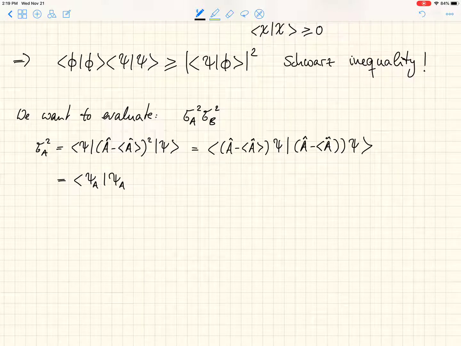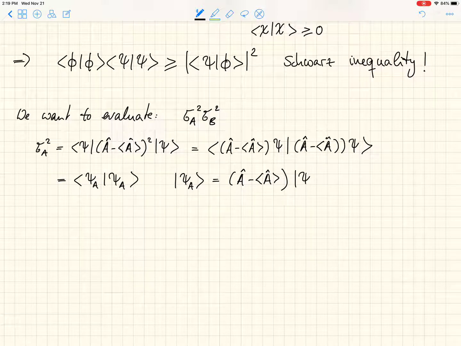I will introduce psi_A, where psi_A is defined as (A minus ⟨A⟩) acting on psi, the quantum state I get when I act with A minus the expectation value of A on psi.